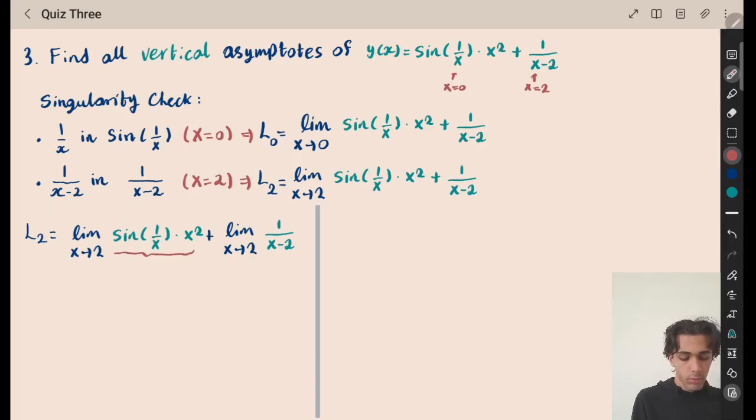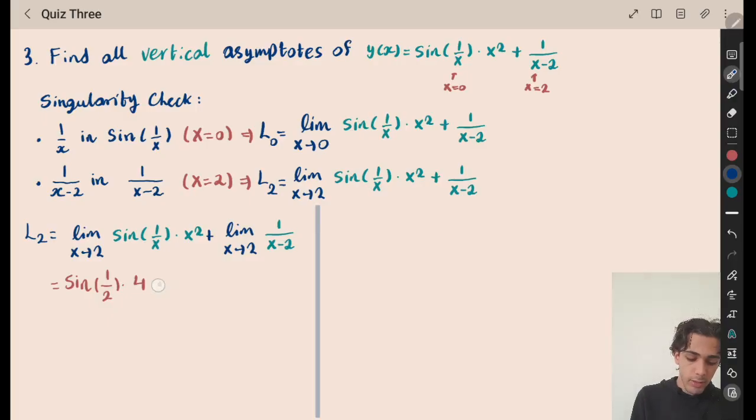The first limit, why wouldn't we plug in? What is stopping us from doing so? Nothing. This is a continuous function. This is also a continuous function. So the limit is just sine of 1 over 2 times 2 squared. So it's 4 times the sine of half. This will be the answer for the limit itself, not just for the green part, so to say.